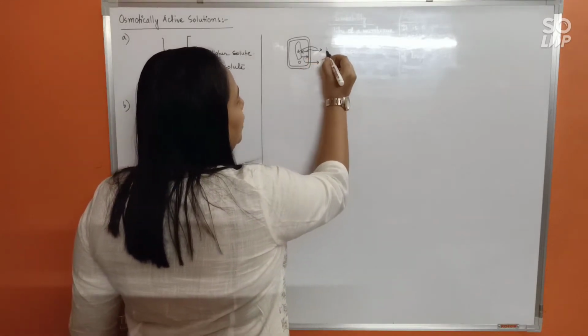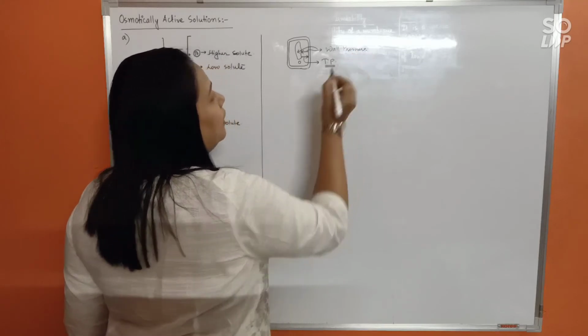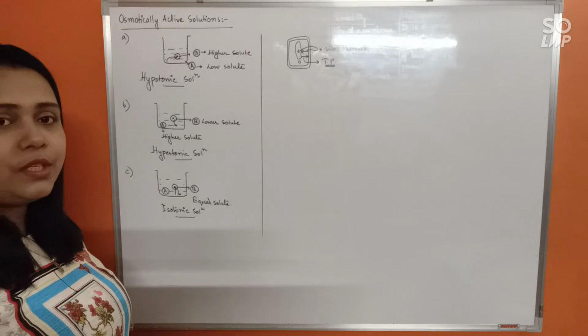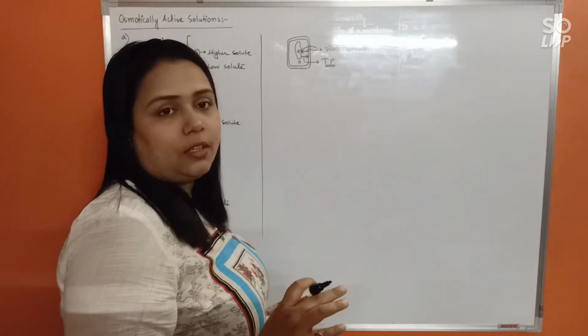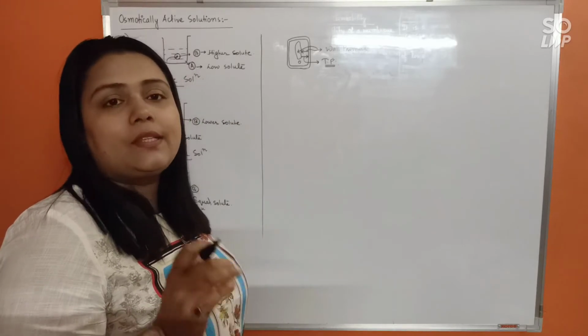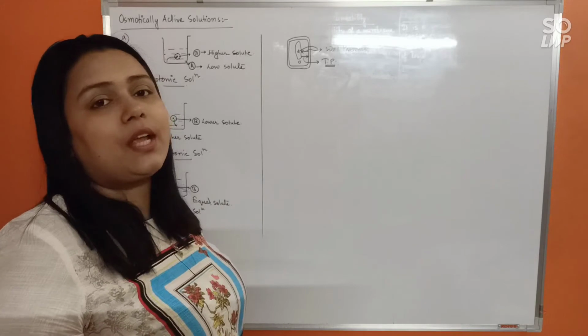And this pressure would be known as wall pressure. Turgor pressure and wall pressure both will be equal and opposite, hence they will nullify each other. But because of this, the cell membrane of the plant cell will remain tightly adhered with the cell wall.